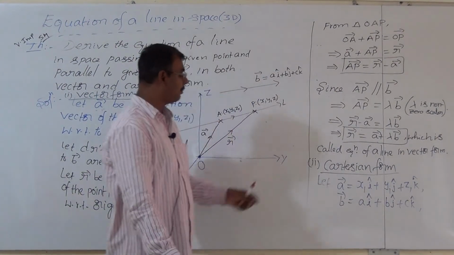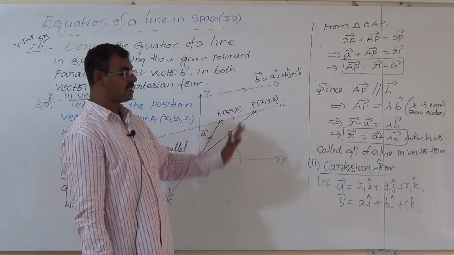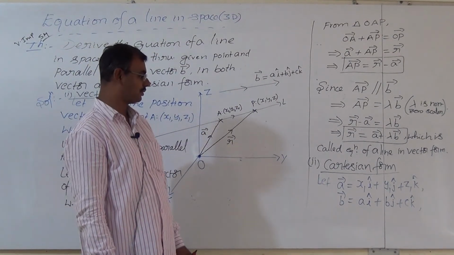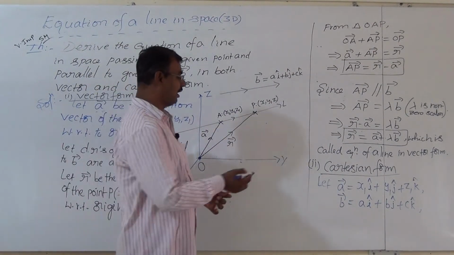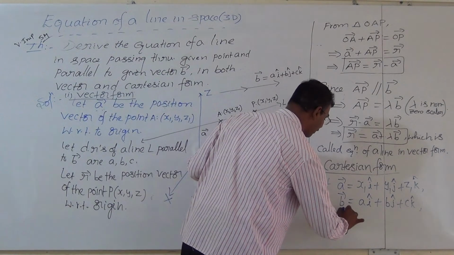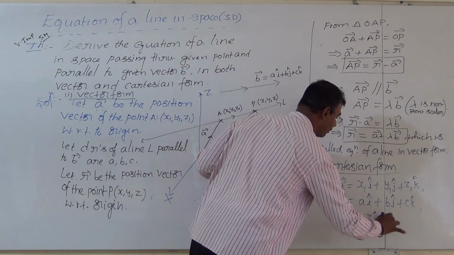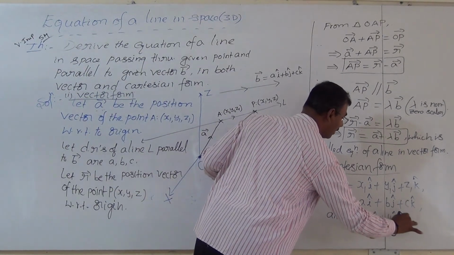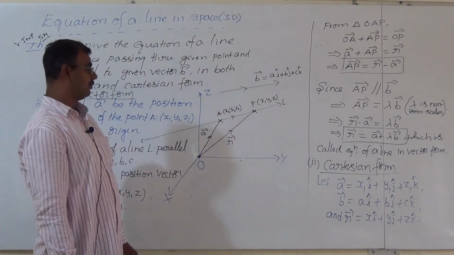This is the parallel vector to the line L, which means both have the same direction ratios. Two vectors are parallel, both have the same directions a, b, c. And the general vector, r vector, is equal to x i cap plus y j cap plus z k cap. These are in the vector form only.